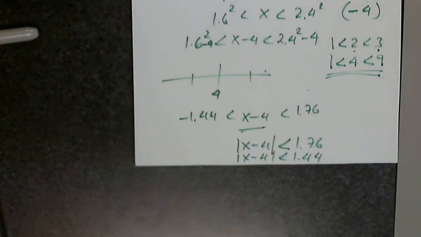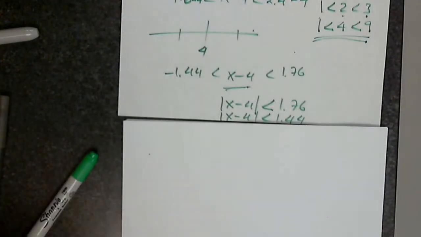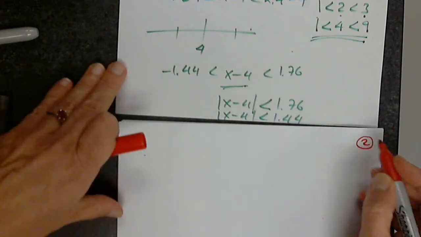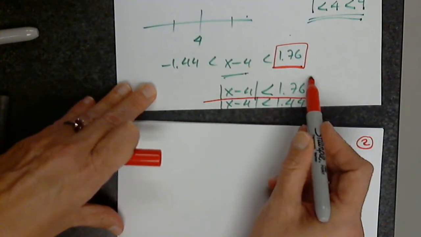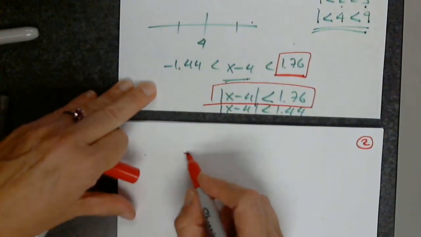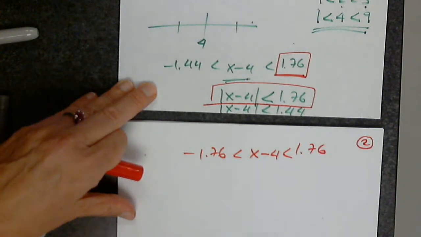Now I have to make a decision. So let me write this for everyone to see, and then you'll make a decision and tell me what to write. So with this, I obtain this interval, which changes into negative 1.76 less than x minus 4 less than 1.76.